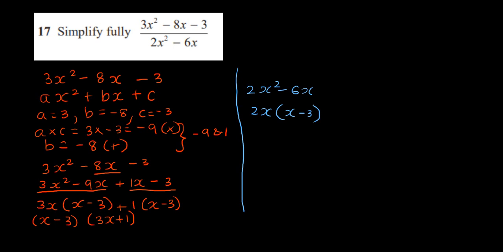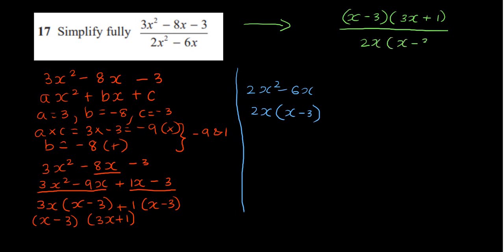So my numerator can be written as x minus 3 times 3x plus 1 in the factorized form, and the denominator in the factorized form was 2x times x minus 3.